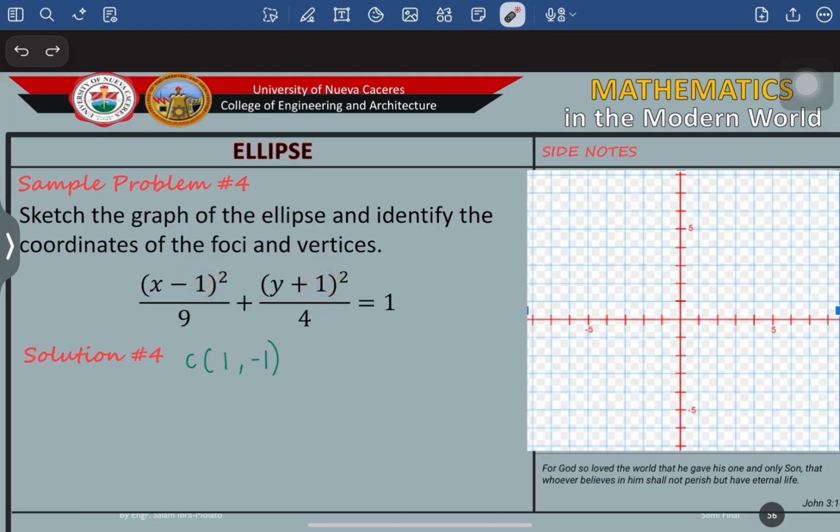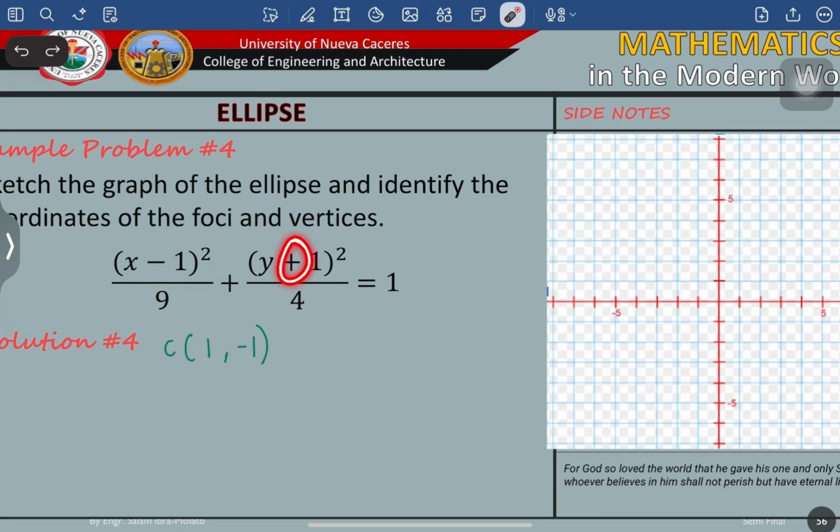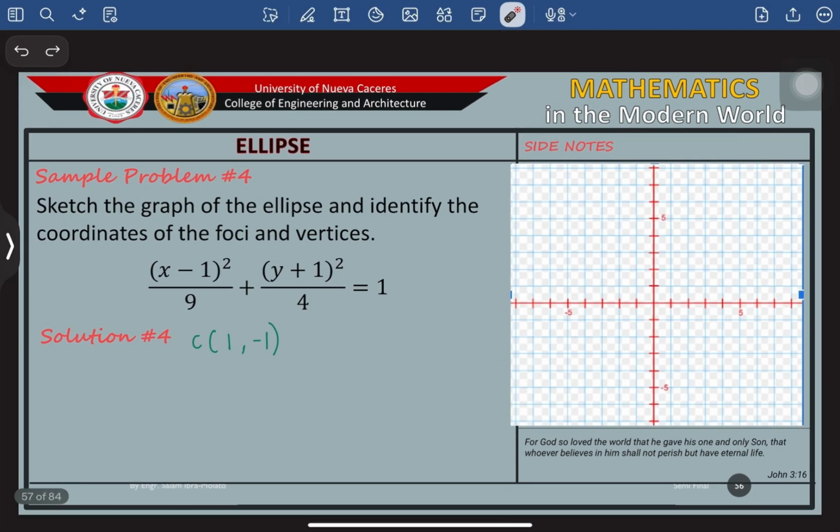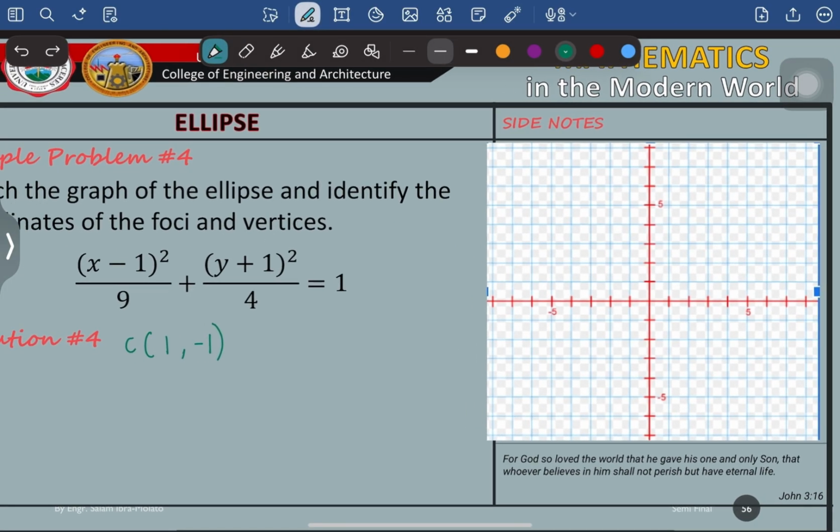So the x coordinate becomes positive, then the y coordinate for the center becomes negative since it has positive on the standard equation. Then to plot this one, it is again at quadrant 4. So we have positive x coordinate, the negative y coordinate. So it is plotted here.